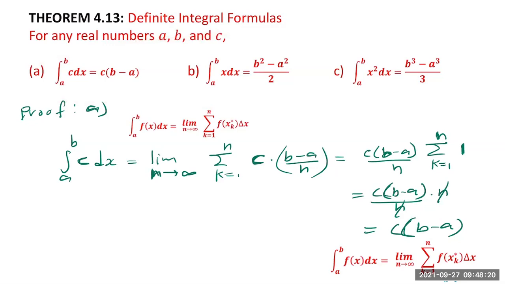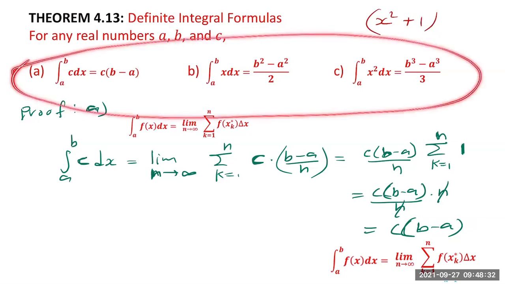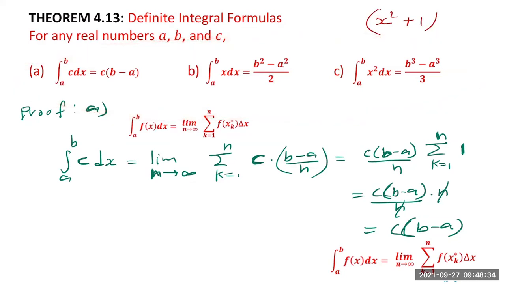Which formula am I supposed to use here? My function is x squared in that case. Actually, not x squared plus 1. I can use some of these formulas to calculate that definite integral. This is what I wanted to calculate. Let's see how we can apply these integral formulas.